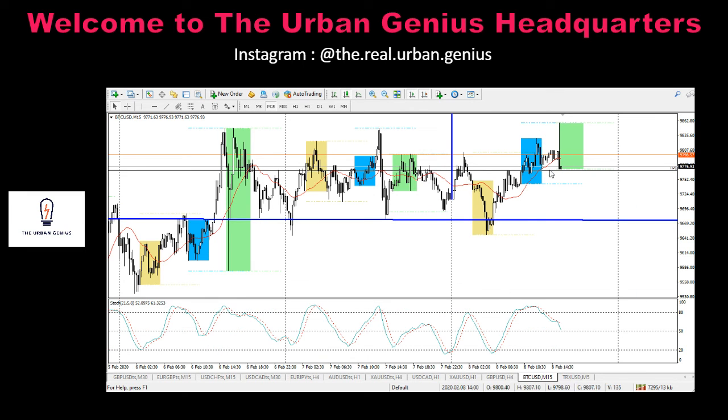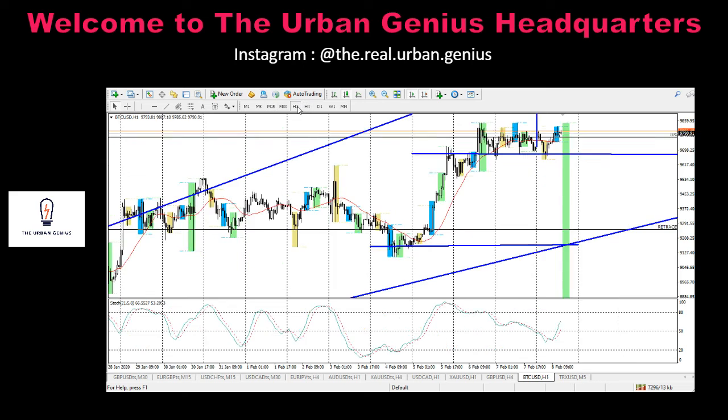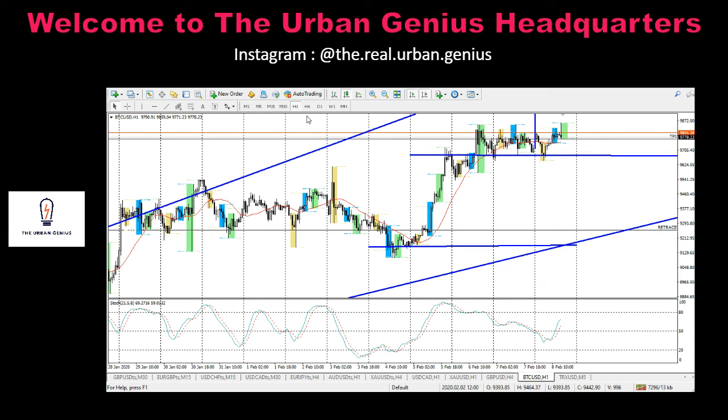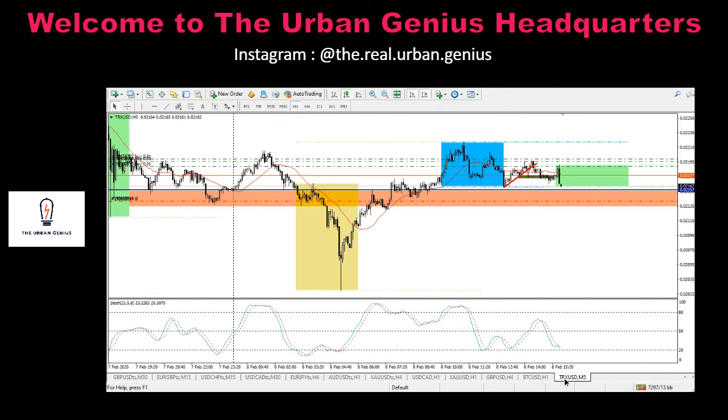Look at this Bitcoin. Bitcoin shot a spike up there. But also, again, Bitcoin is trending above its 21 moving average.